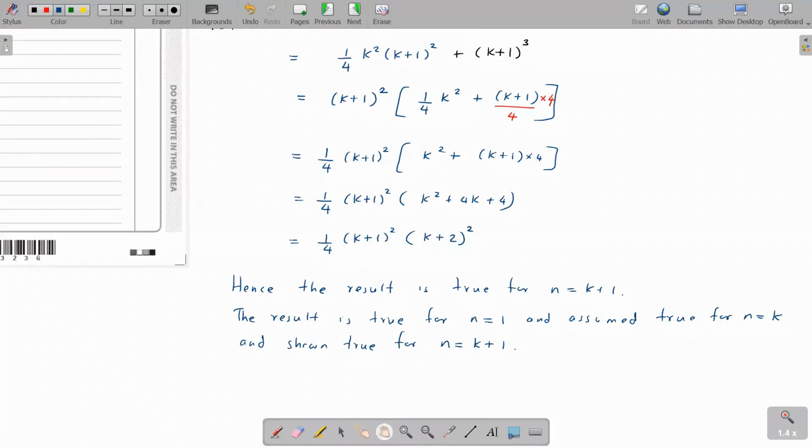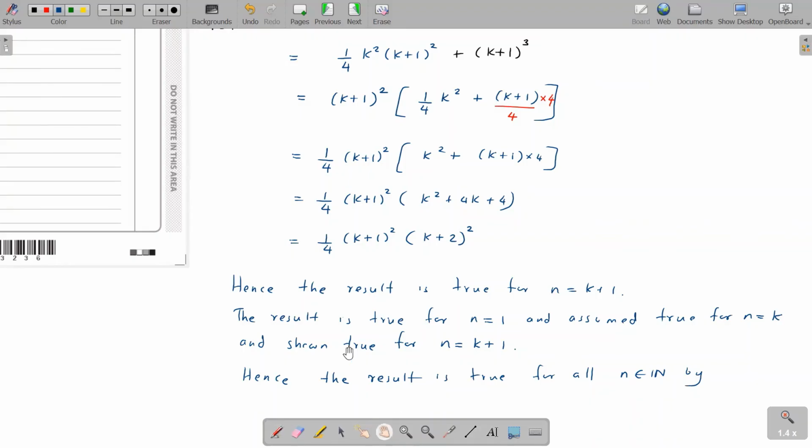Hence the result is true for all n element of natural numbers.